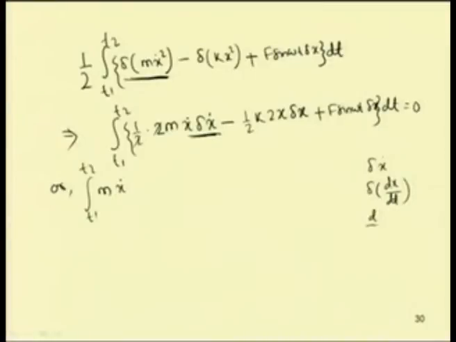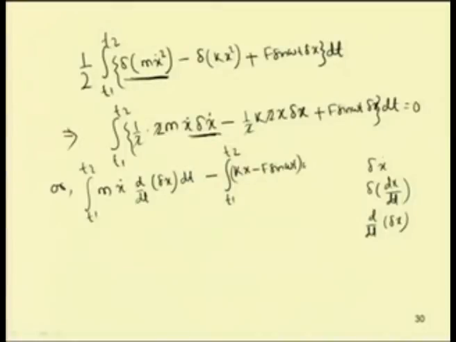So, this is m x dot into d by dt of delta x, dt, then minus integration T1 to T2 of k x minus F sin omega t, delta x dt, equal to 0.